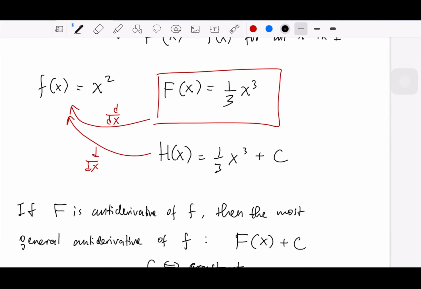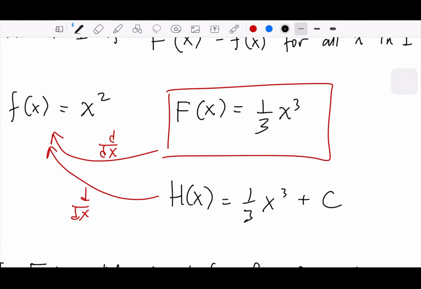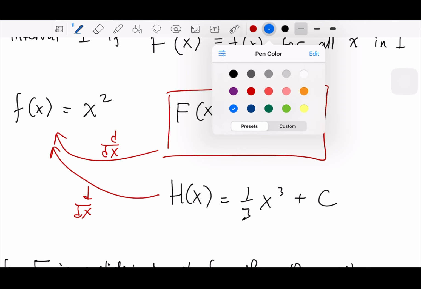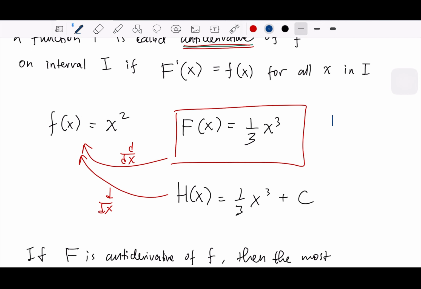For example, take this capital F and H. If the derivative is equal to x squared, and we take the antiderivative, we need to have a constant, to make sure that it can account for another constant.